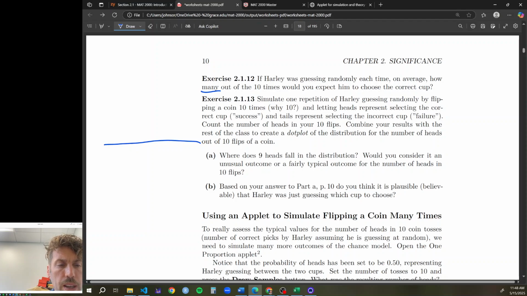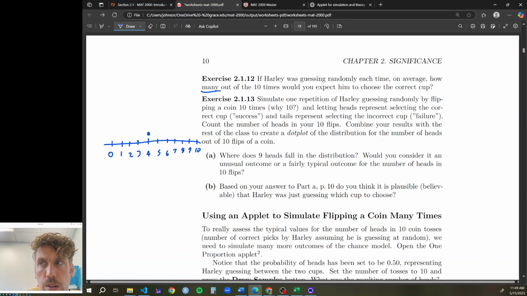So for a dot plot, you want to have numbers here. So you might have 0, 1, 2, 3, 4, 5, 6, 7, 8, 9, 10. And then we'll put dots above the numbers. So say, for example, you flipped the coin 10 times and you got 4 heads, you might put a dot right there.